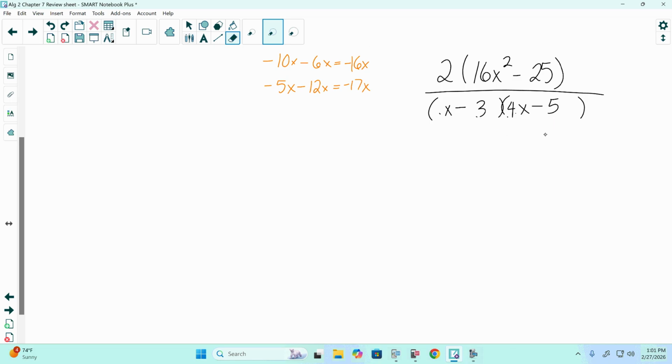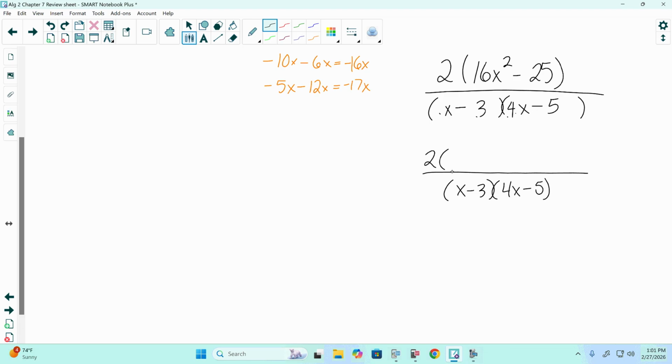Now, at this point, nothing simplifies on top and bottom, but the denominator is simplified as far as possible. However, the numerator can be factored a little further because of our 16x squared minus 25.